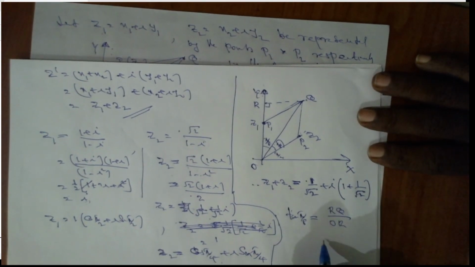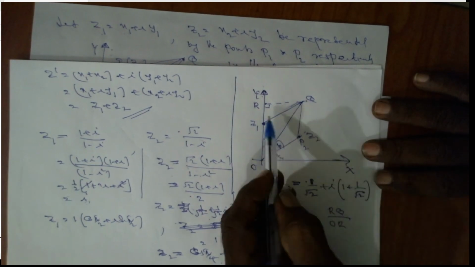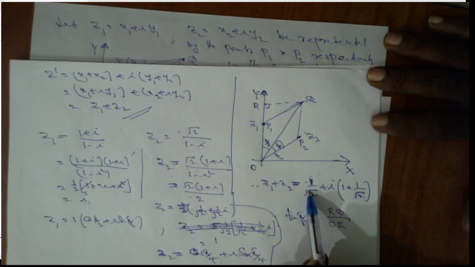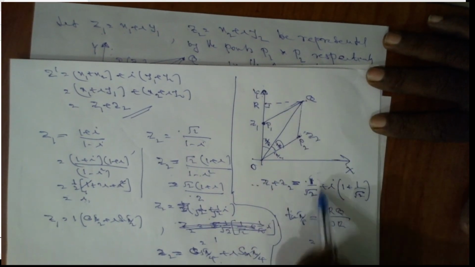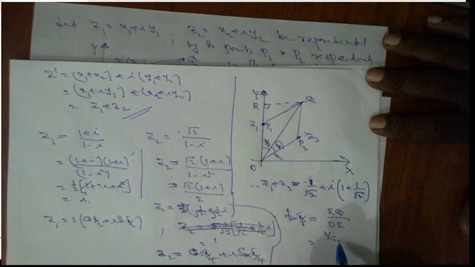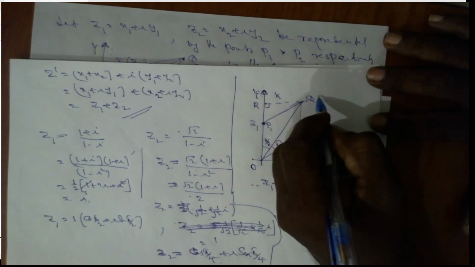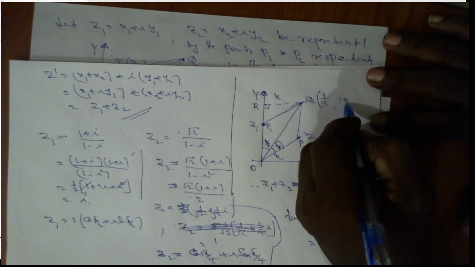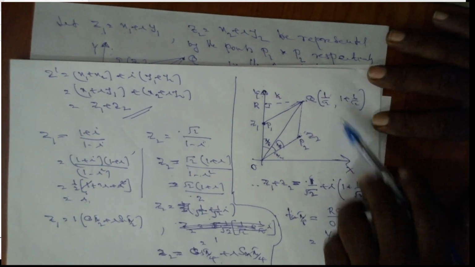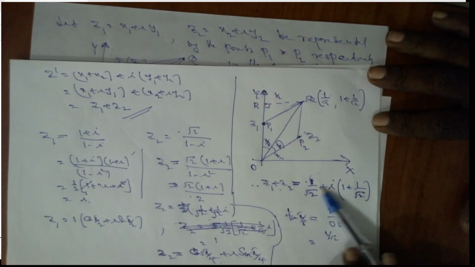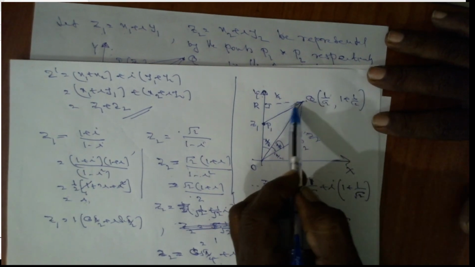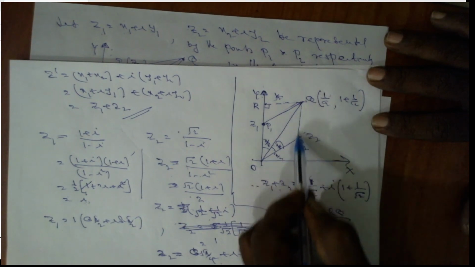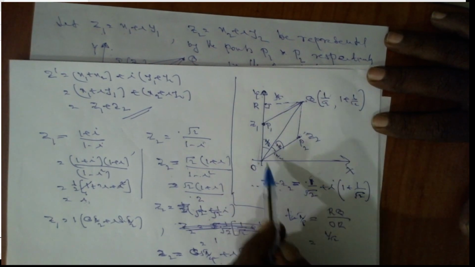Tan pi by 8 equals RQ over OR. What is RQ? RQ is the x coordinate of this complex number, which is 1 over root 2. The coordinates of this point are 1 over root 2 and 1 plus 1 over root 2, because this length is 1 over root 2 and this length is 1 plus 1 over root 2.